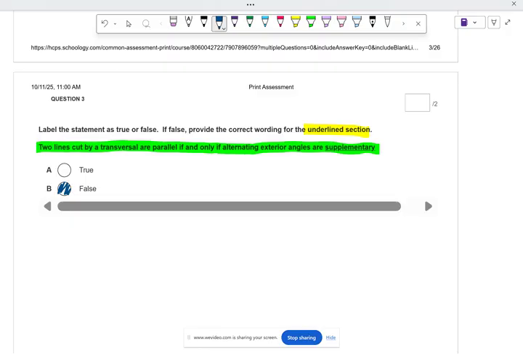We know that if lines are parallel, then alternate exterior angles are congruent. So you would want to correct the word supplementary with the word congruent.